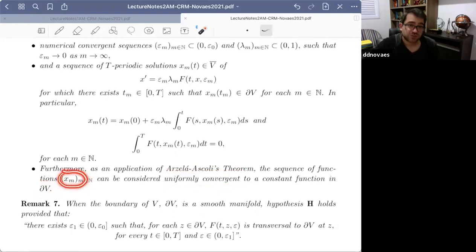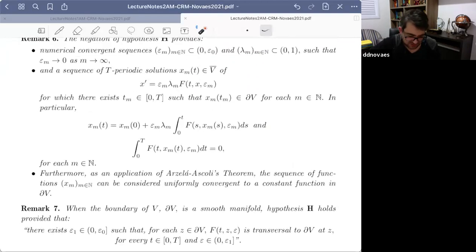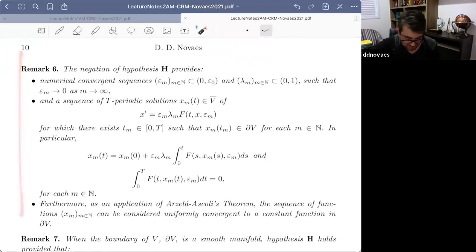This can be assumed by the Arzelà-Ascoli theorem to be uniformly convergent, but since for every m, x m must reach the boundary, if this is uniformly convergent, then it must converge to a constant function in the boundary. Well, this is the negation of hypothesis H.